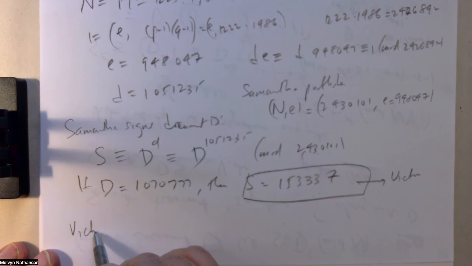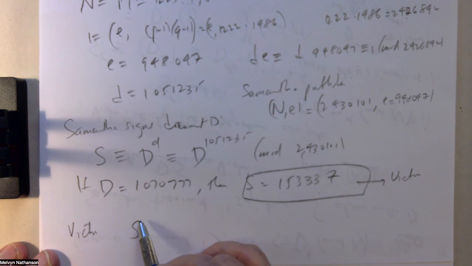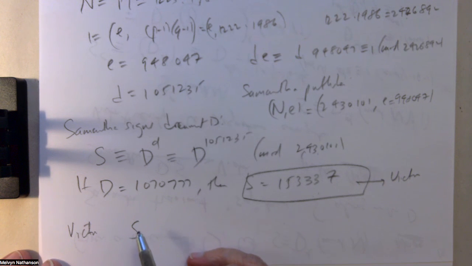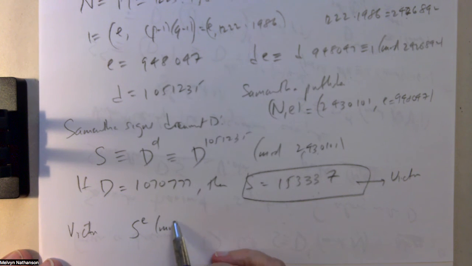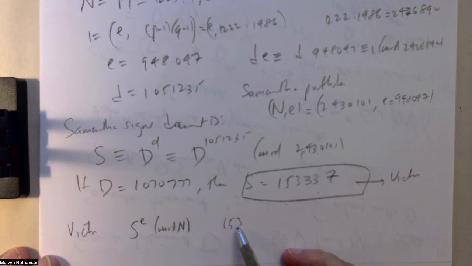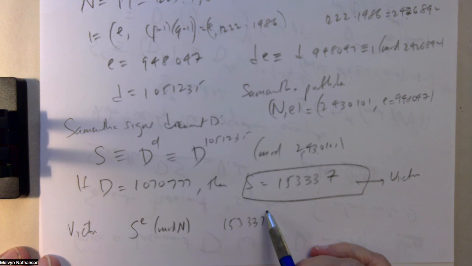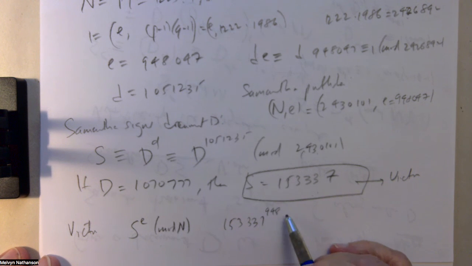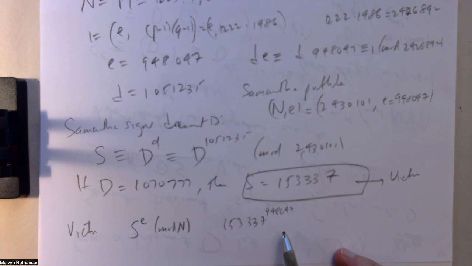So what Victor does is he takes S and raises it to the power E mod N. That is, he takes 153,337, raises it to the power E, 948,047.